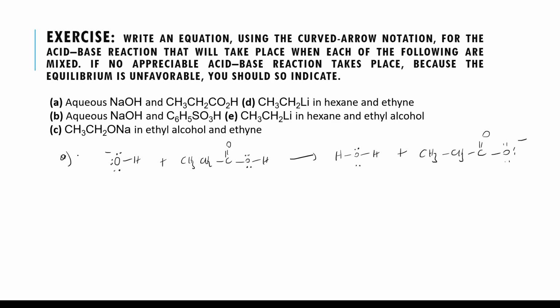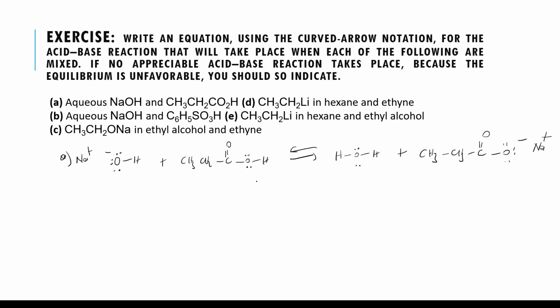You can also write sodium plus with the sodium hydroxide, and propionate minus with the sodium cation. But these are spectator ions in the net reaction, they don't show up. Now, a base is a proton acceptor and an acid is the proton donor. So based on the Bronsted-Lowry acid-base definition, it's an equilibrium reaction.